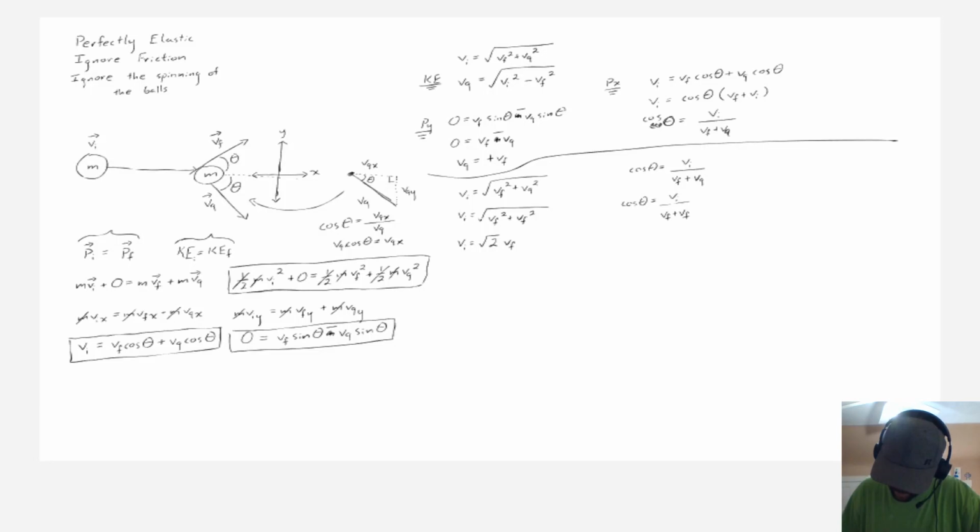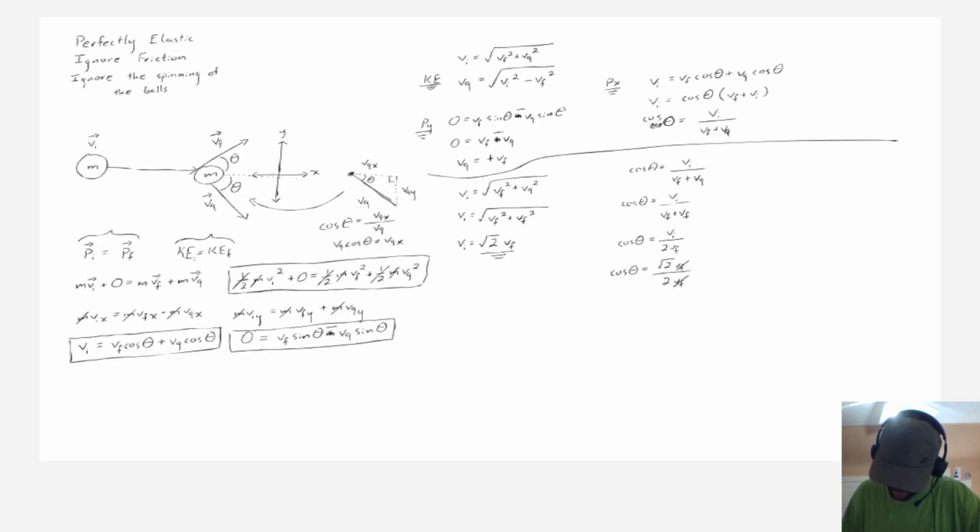Then we're going to have cosine of theta equals velocity initial over 2 velocity final. And velocity initial we found right here. So cosine of theta equals square root of 2 velocity final over 2 velocity final. Both velocity finals cancel, which is really nice because now we don't have any variables left except for theta.